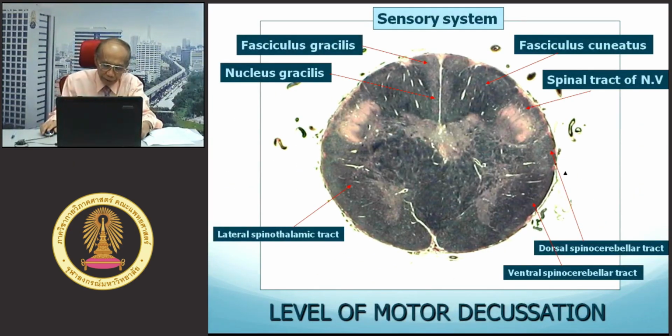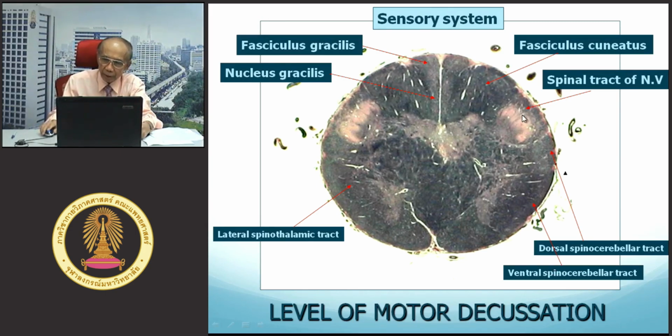At the level of motor decussation, the sensory system includes the fasciculus gracilis, nucleus gracilis, fasciculus cuneatus, nucleus cuneatus, spinal tract of the trigeminal nerve, lateral spinothalamic tract, dorsal spinocerebellar tract, and ventral spinocerebellar tract.